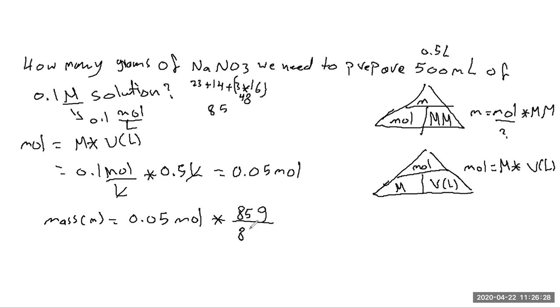We will put it in the top, 85 gram. The gram will be in the top, and 1 mole will be at the bottom. Cancel this mole with the small, and we will get, let's just double check it, 0.05 times 85.